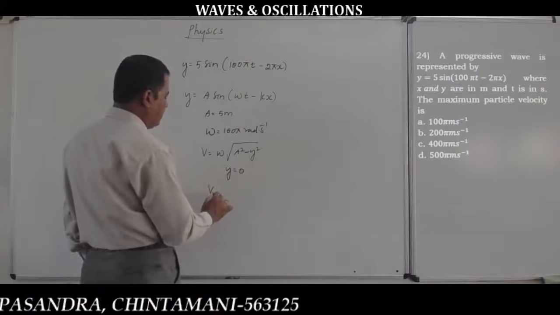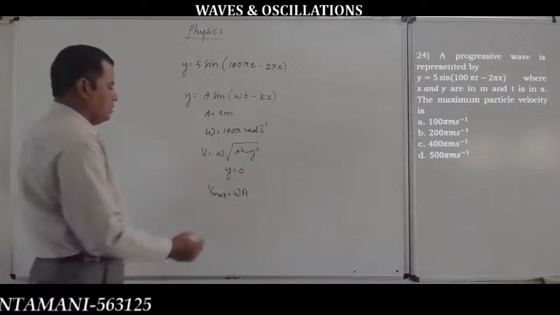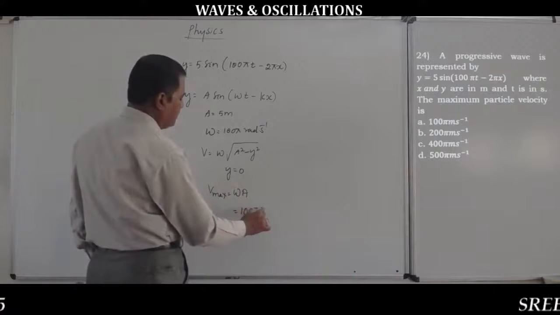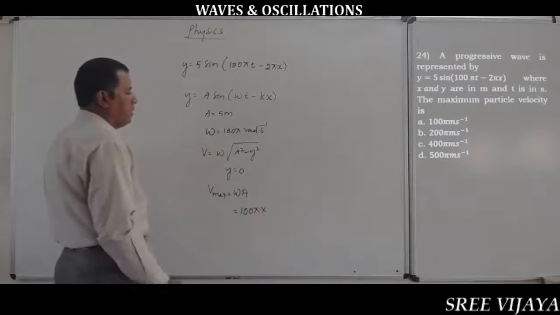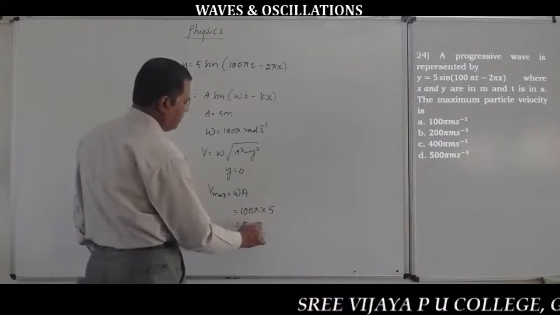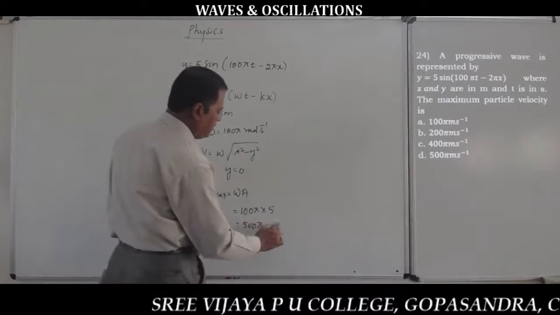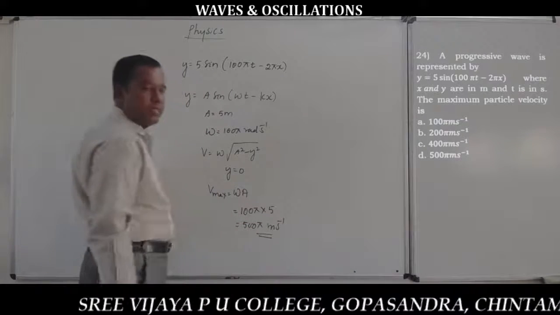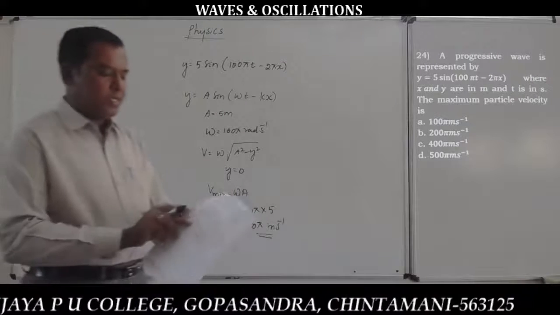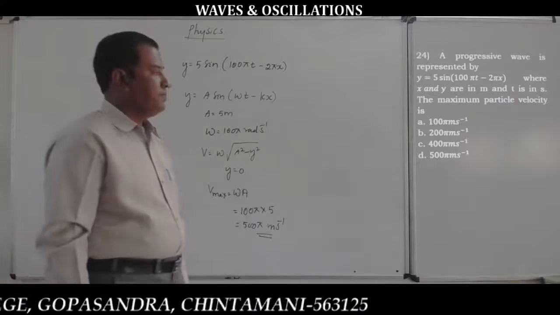Therefore we get maximum velocity as V maximum is equal to omega into A. So omega is 100 pi into amplitude 5. So therefore we get 500 pi meter per second. That is the maximum particle velocity. So therefore we get the option as D, 500 pi meter per second.